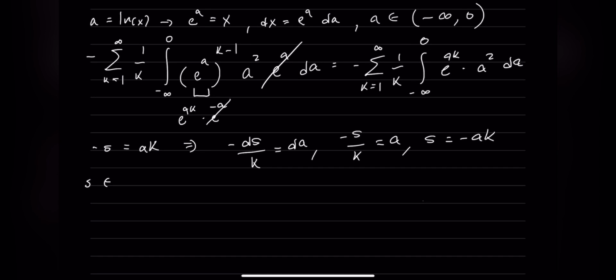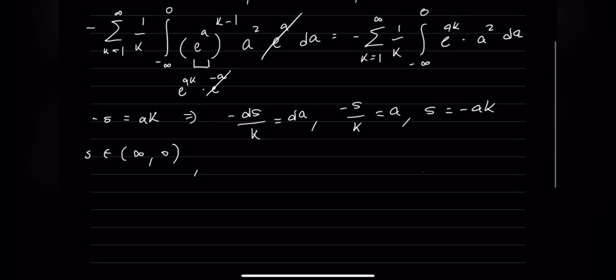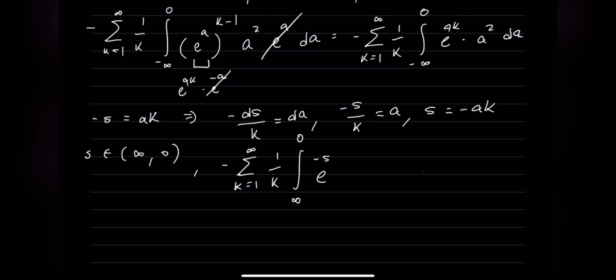So our new bounds is going to be from infinity to 0. So now we have minus the sum from 1 to infinity 1 over k, and then we have the integral from infinity to 0 of e to the minus s. We have a minus s over k squared, and dA is minus ds over k.